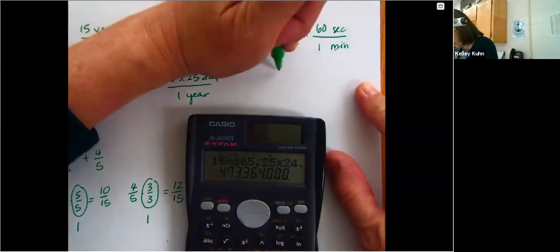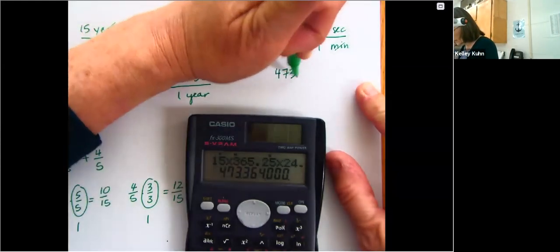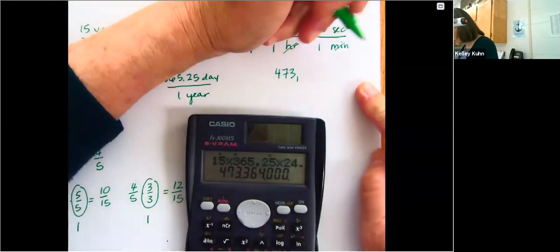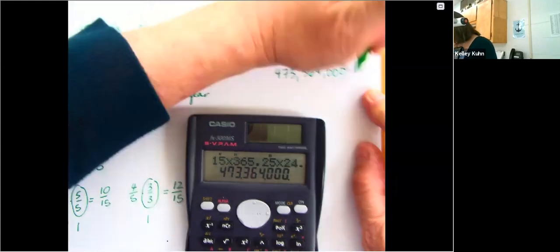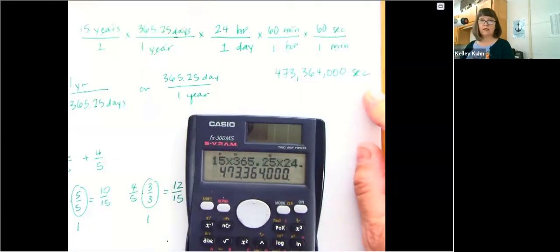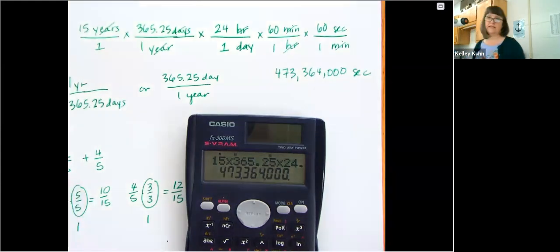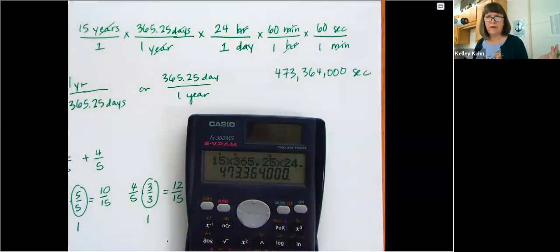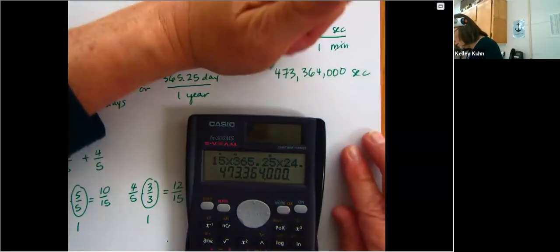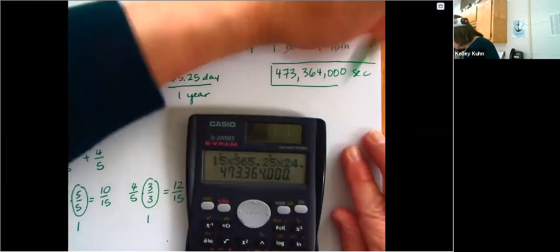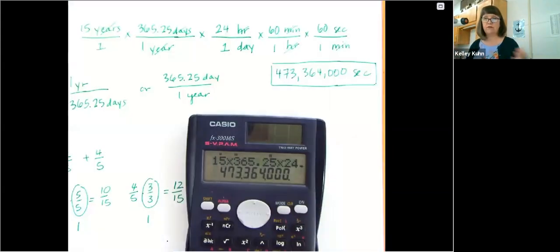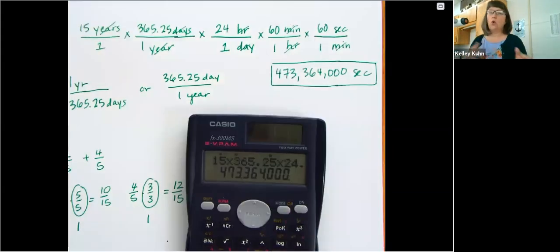I get 473,364,000 seconds. Notice that I didn't take the time to divide by ones, because when you divide by ones, does it change your number? No. So we now know that next week on the 22nd, Quimby will be 473,364,000 seconds old. That's a long time, Quimby.